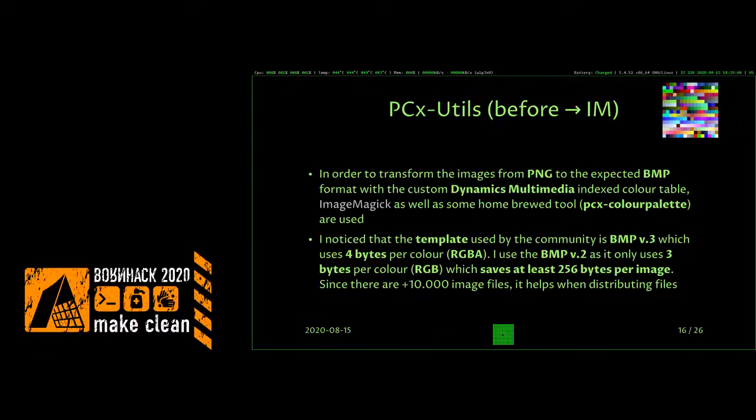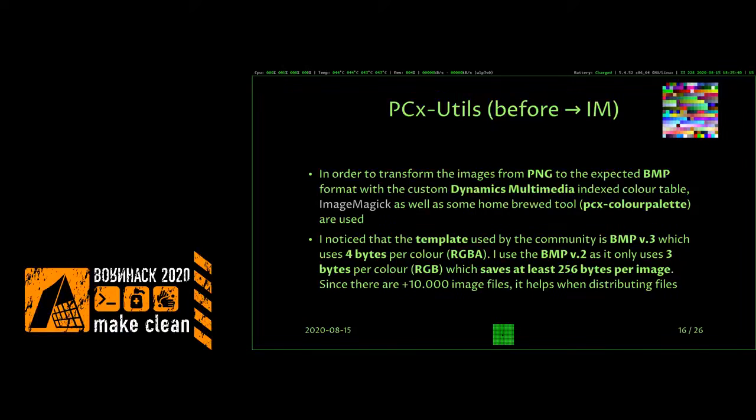Also, because I need to distribute this afterwards, I can see that it's storing all the pixels as 4 bytes, and I can see that the alpha layer is never used by the BMPs. I had already understood the BMP specification, using Microsoft's website, which was a pretty good, well-documented description of the format. So why not use version 2, where we only have 3 bytes per color, so we're not using alpha?